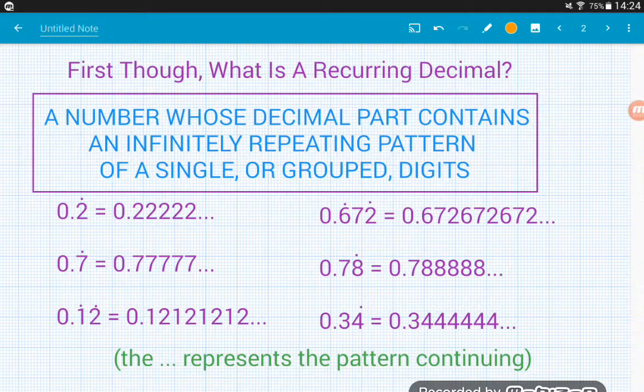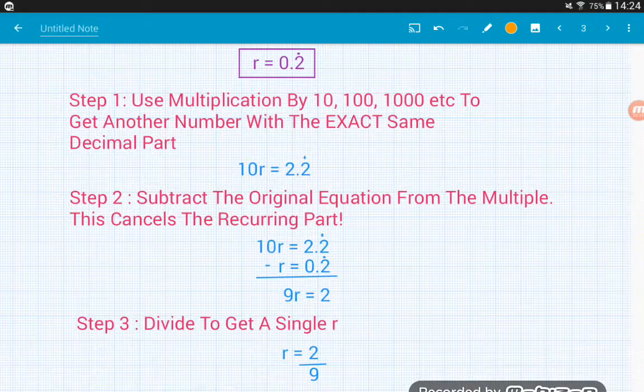Okay, so let's get to how to turn them into fractions. As I said before, it's quite a nice cheeky little trick. It's actually probably one of my favourite little things to teach people. So let's start off with 0.2 recurring. Usually the convention is to use R as the letter for our recurring decimal, but you can use any letter you want.